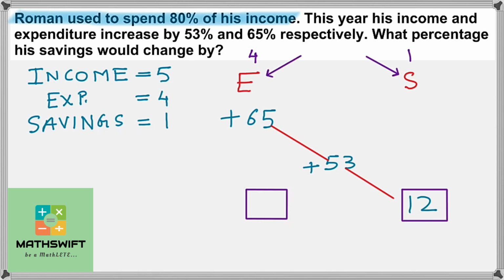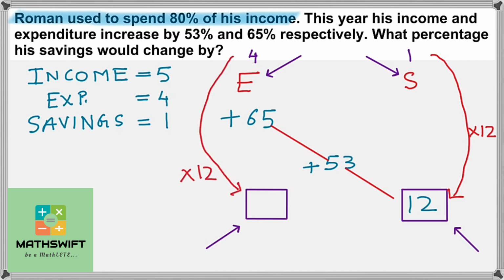Now the numbers that we get here are in the ratio in which the quantities here are. Like we know here that expenditure and savings are in the ratio 4:1 as per the information given in the question. So the numbers that we get here would also be in the same ratio. So if 1 corresponds to 12, 4 would correspond to 48. Since subtraction here is carried out either in the clockwise or anti-clockwise sense, basis the numbers that we get here are positive.